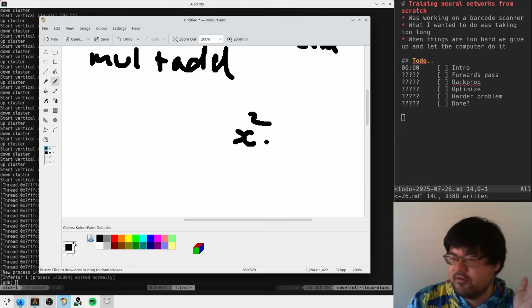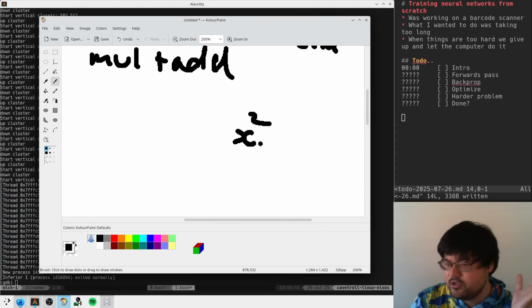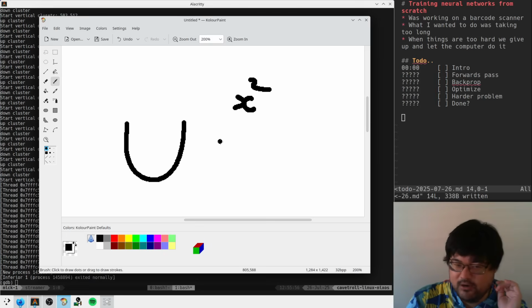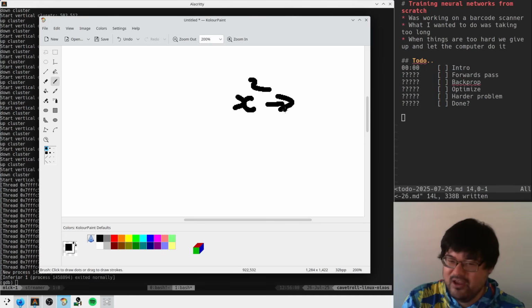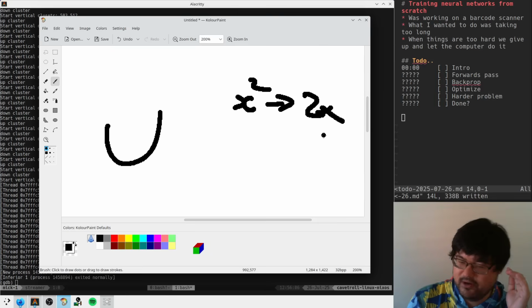For the derivative of this, you take first year calculus or grade 12 calculus, whatever. The rule is, if you want to know the slope of x squared at any point, you take the power and move it down here. So the slope of this function at any point in x is 2x, right?